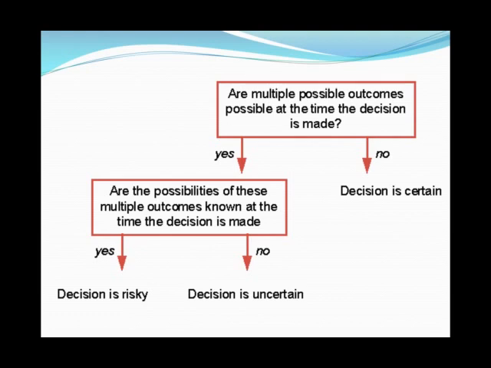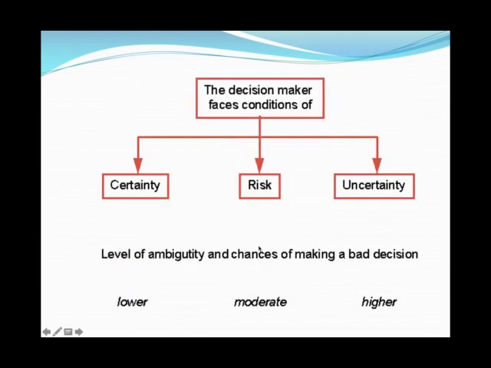If that's the case, then yeah, I know the possibility of the outcomes. So then it's risky. But if I have no idea what the likelihood of the nurse giving the insulin is, then no, and the decision is uncertain. And so if it's uncertain, it has a higher likelihood of being a bad decision.